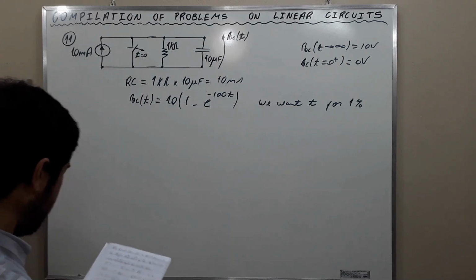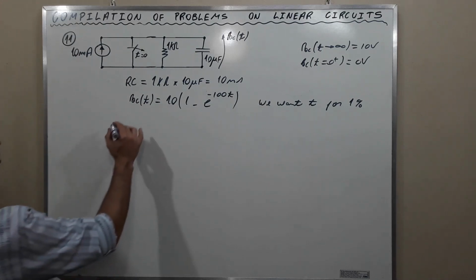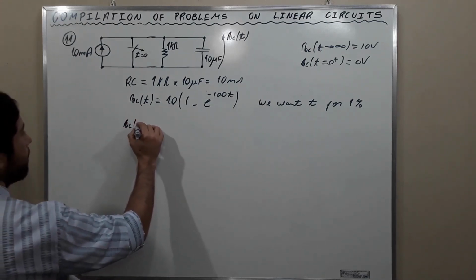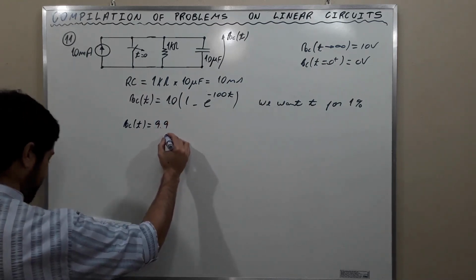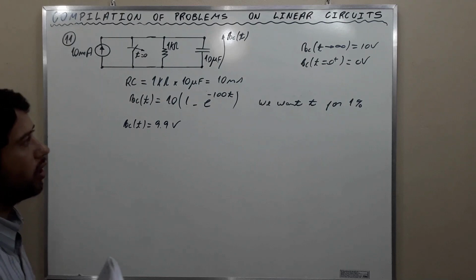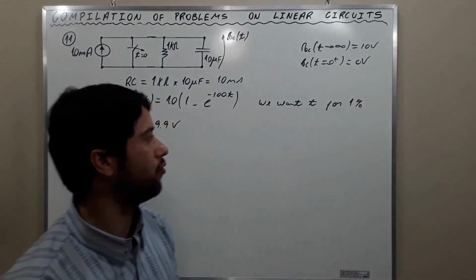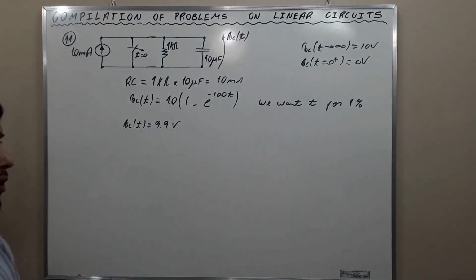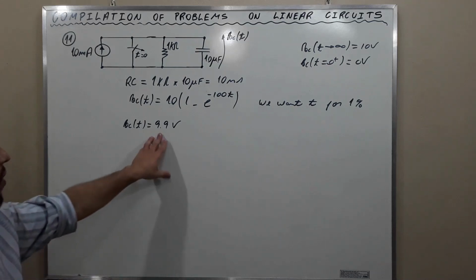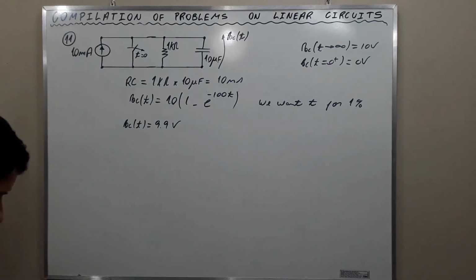Okay, so to be within 1% of its steady state value, Vc has to be equal to 9.9 volts, because the steady state value is 10 volts, and if we want to be at least within 1% of its final value, the final value will be 9.9 volts. Okay?